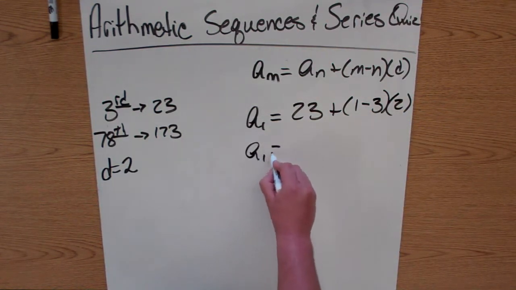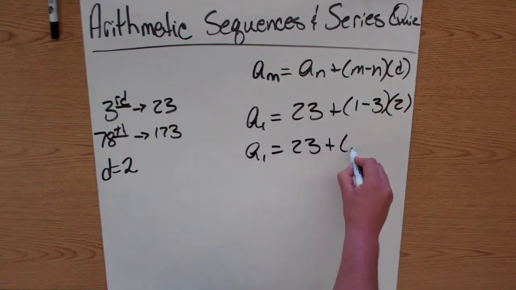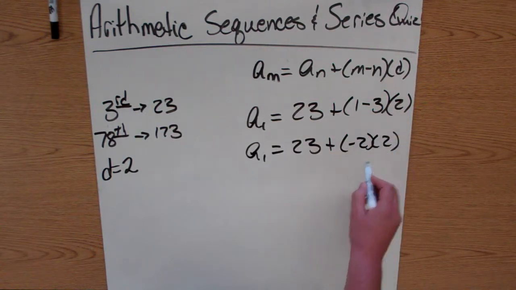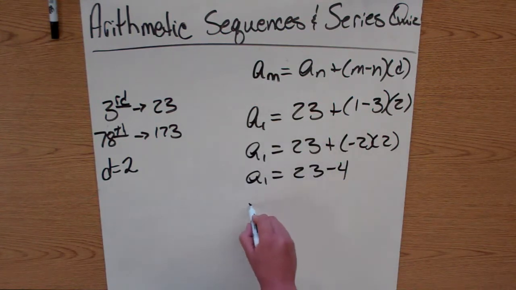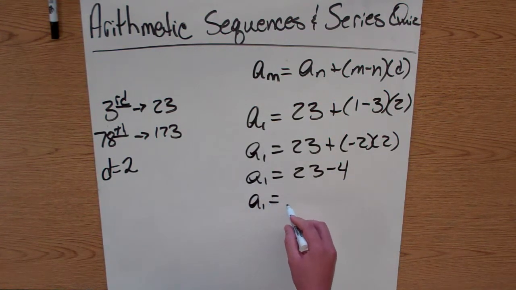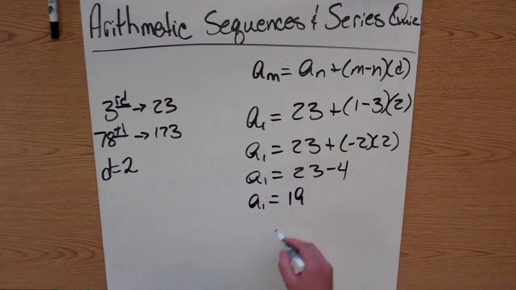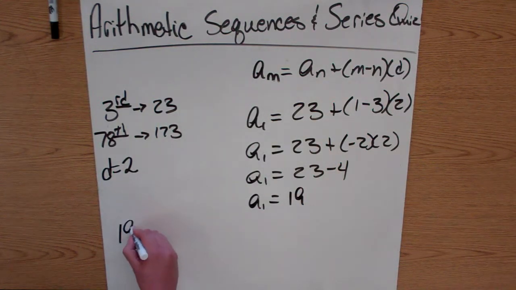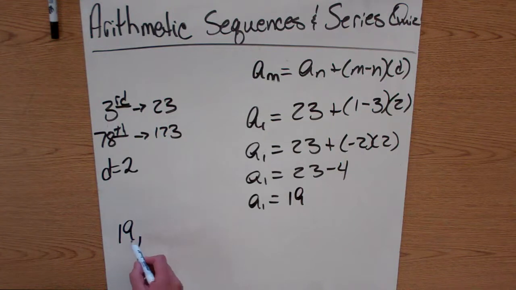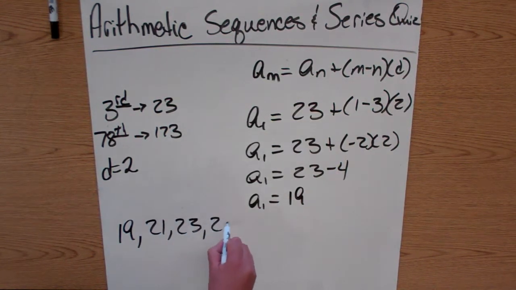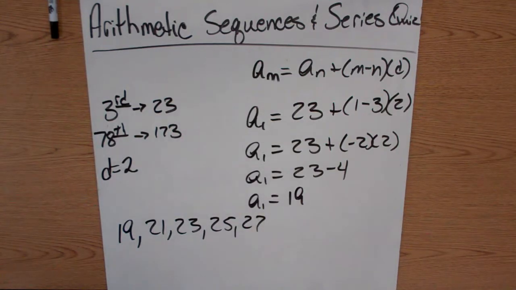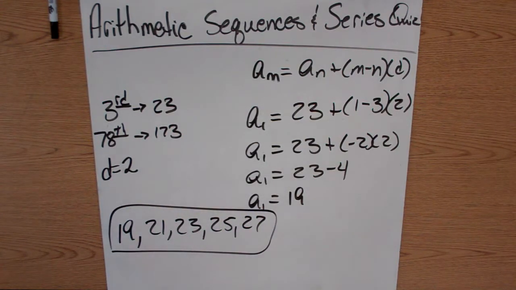So A sub 1 equals 23 plus negative 2 times 2, so A sub 1 equals 23 minus 4, which is 19. So now we have our first term, 19, and we know our difference is 2. So 19 plus 2 is 21, plus 2 is 23, plus 2 is 25, plus 2 is 27. And there's our first 5 terms.